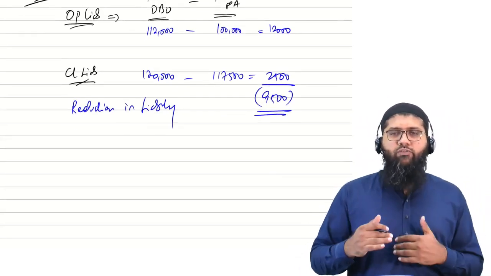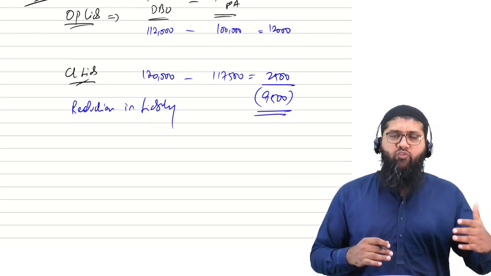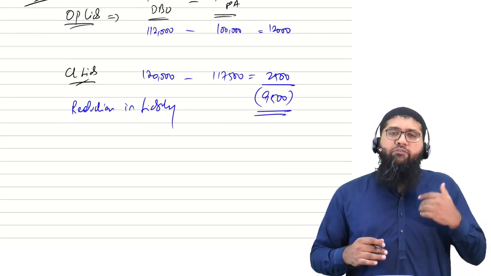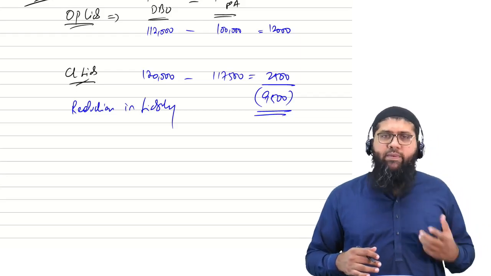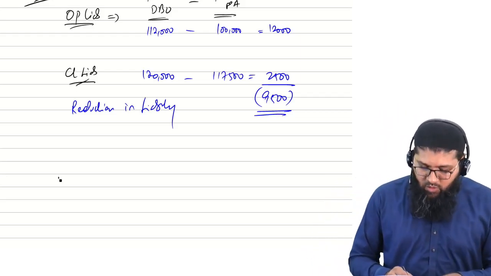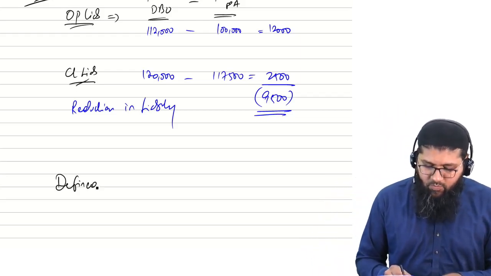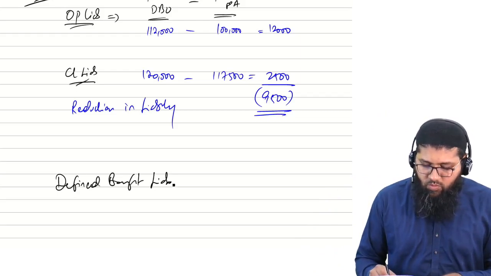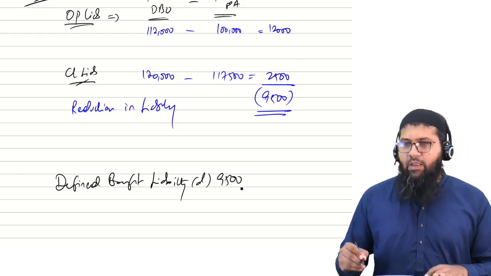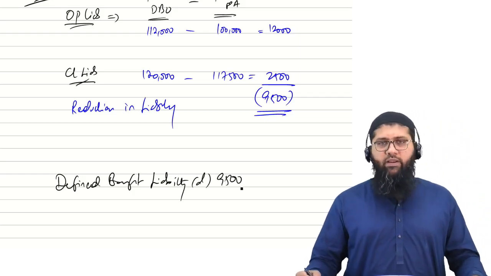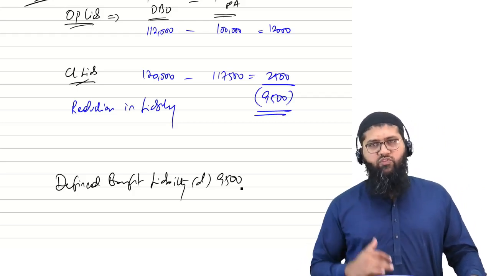Because in our books, we would be recognizing the expense, OCI, and the liability. You would say defined benefit liability debit by 9,500. It's reduced.